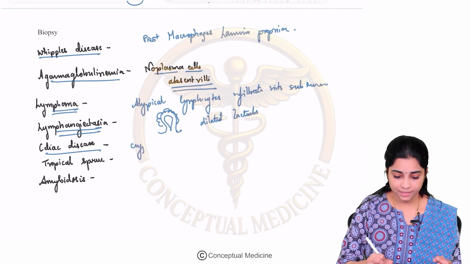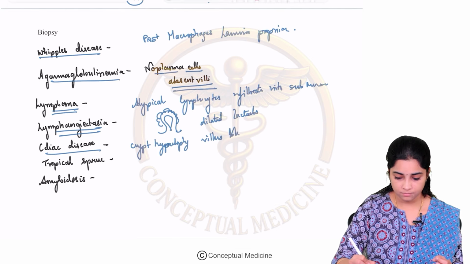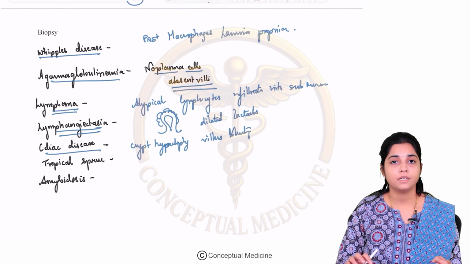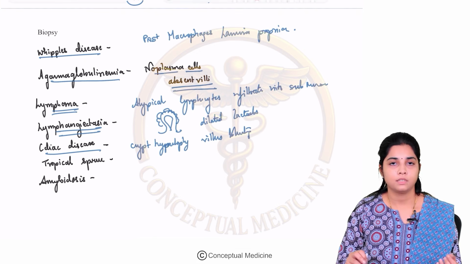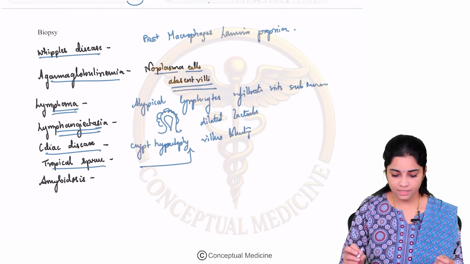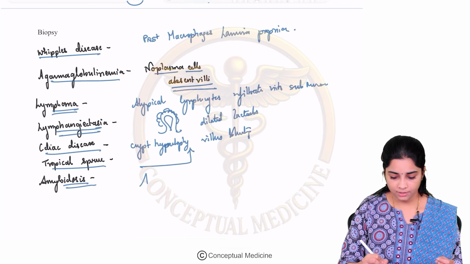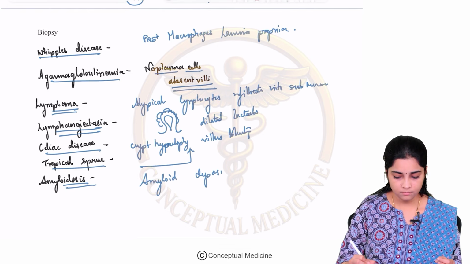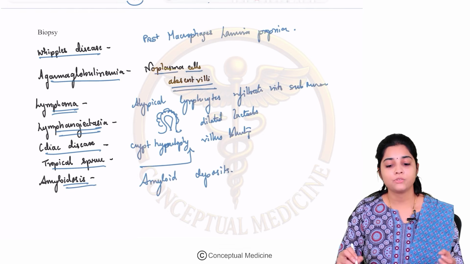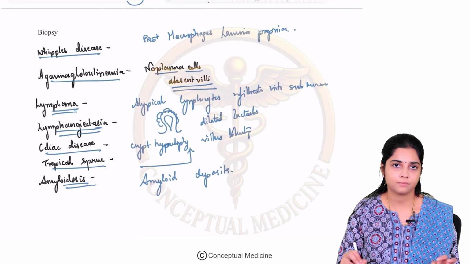You will have crypt hypertrophy, villus blunting, and an infiltrate into the intestinal mucosa. Tropical sprue also has the same histopathological changes as in celiac disease. In amyloidosis, you can find amyloid deposits in the intestine. Okay, so this is about how the biopsy helps in the diagnosis of malabsorption.